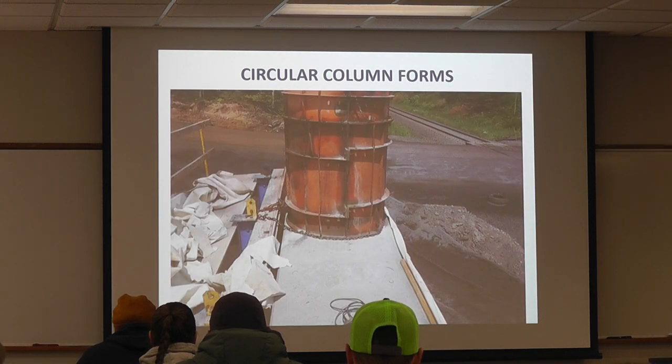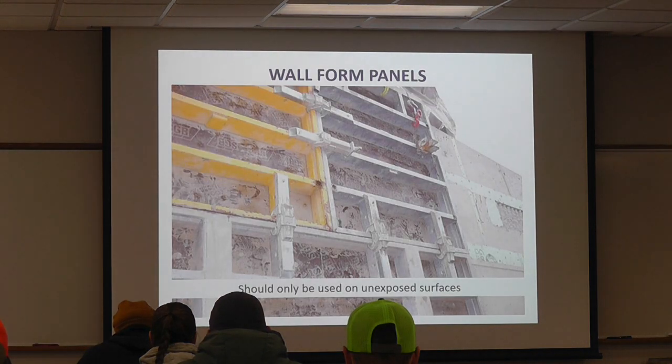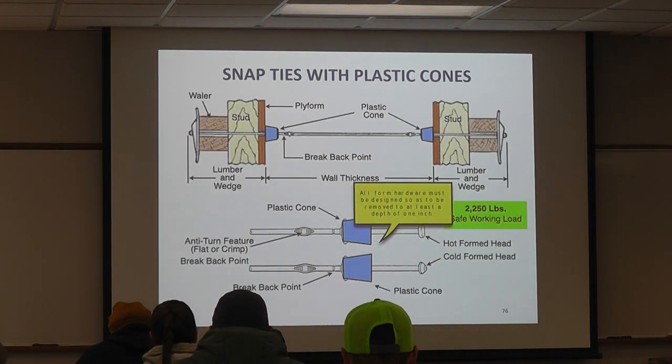Proprietary forms that get used. So here is an example of using a column. These are some panels. If you have really oddball configurations like this, it would not be good on an exposed surface, but it could be used where it's unexposed.